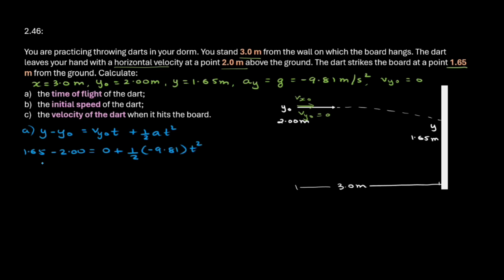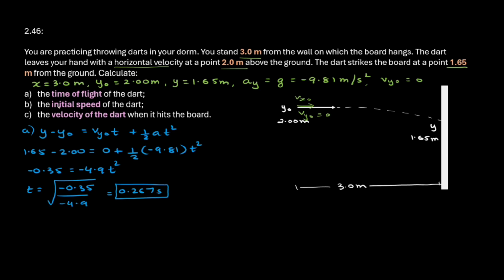So when you solve the left hand side, you get negative 0.35 equals negative 9.81 over 2, which will give you negative 4.9 t squared. Now divide by negative 4.9 and take the square root to find t. We get time t as square root of negative 0.35 over negative 4.9. That gives me the time of flight to be equal to 0.267 seconds.